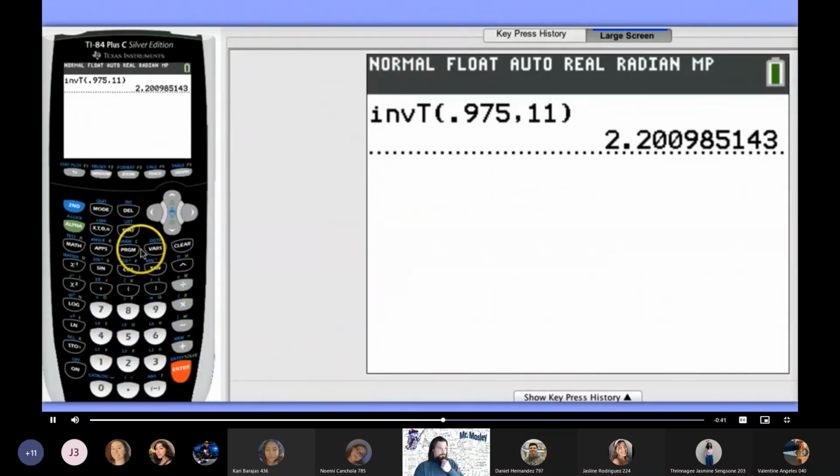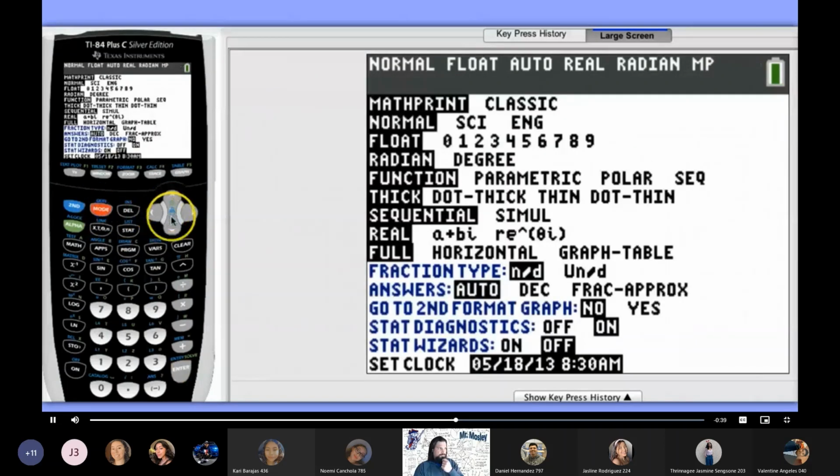Notice I had to remember the command structure. However, if I have my calculator mode set with the stats wizard on, your guys' calculator should be defaulted to ask you for the prompt that you saw on my calculator. This is a different version of the TI-84 that she has here. It's the color one and it has more bells and whistles, but same concept. So I'll continue here. Then it'll give me a template that I can fill in.